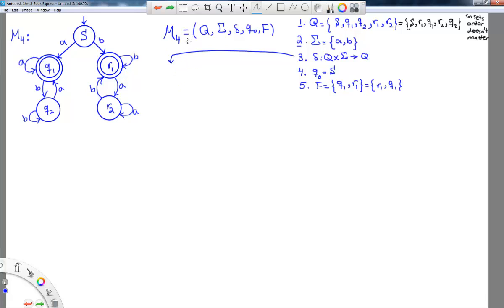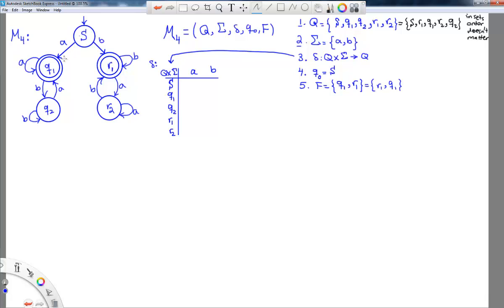So I'm going to define this again here. It's going to be a table from Q cross sigma, right? So S, Q sub 1, Q sub 2, R sub 1, R sub 2, and the symbols are going to be A and B. So this is going to be my delta transition function.